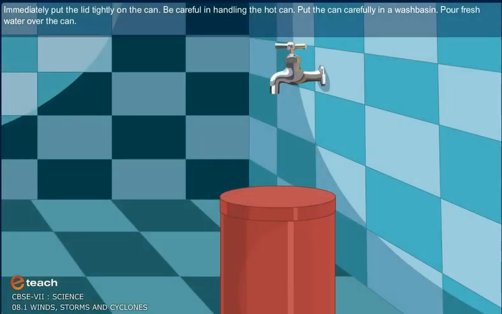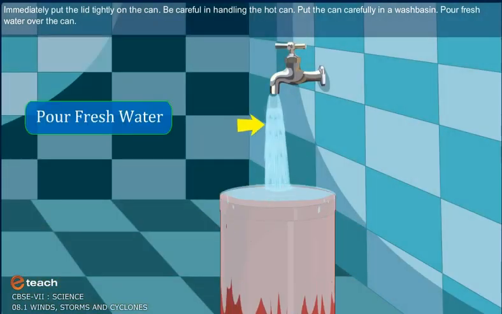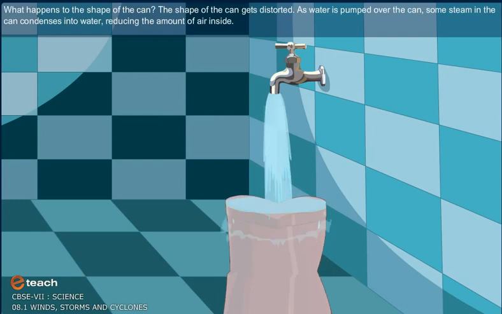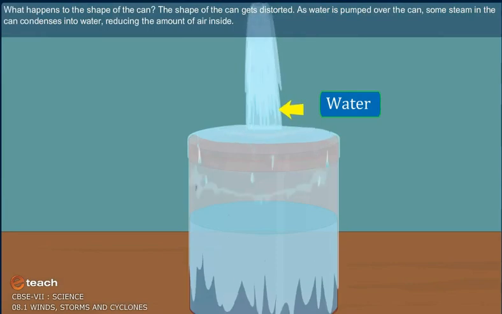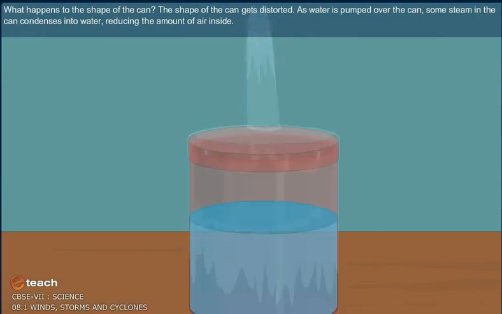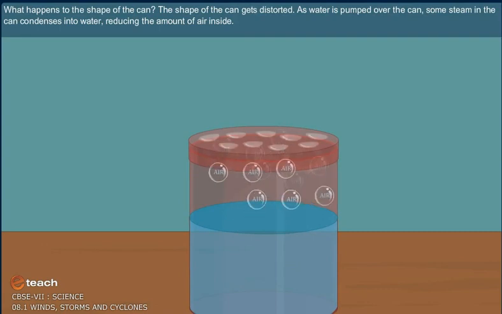Put the can carefully in a wash basin. Pour fresh water over the can. What happens to the shape of the can? The shape of the can gets distorted. As water is poured over the can, some steam in the can condenses into water, reducing the amount of air inside.